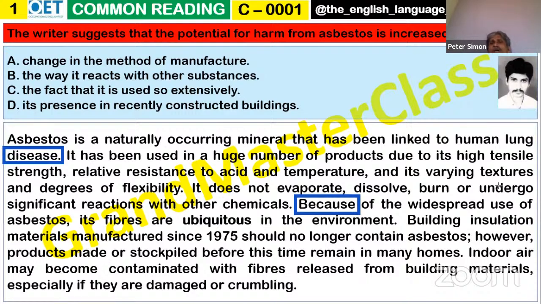And it is commonly used everywhere. Widespread means everywhere it is used, from Australia to America, from a small village to the city, by rich people and poor people. Everyone uses asbestos in one way or the other because it is present everywhere.